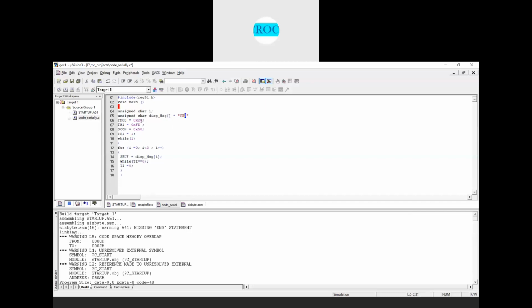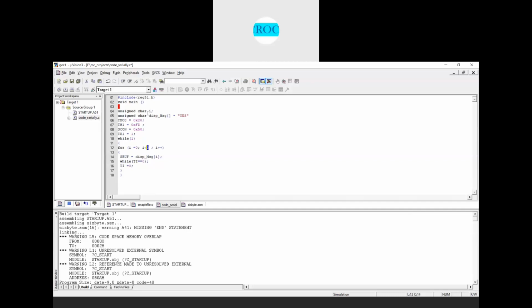Everyone understood here? Since we need to send more than one character, I've declared one array of type unsigned character. It means all the elements here are of type unsigned char. And since we are using the count till 3, I'm using a character.